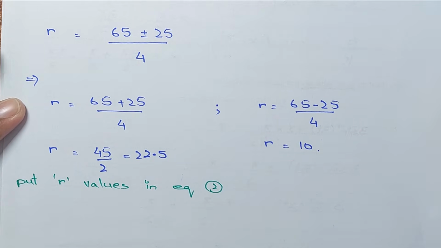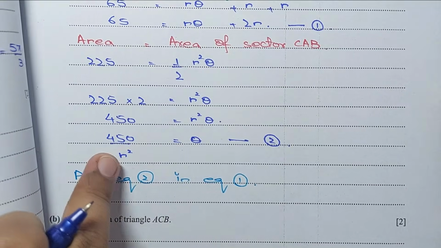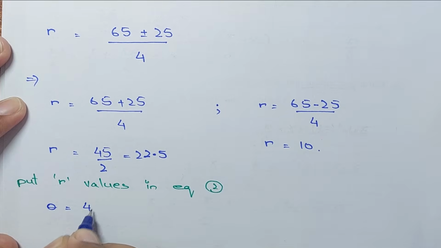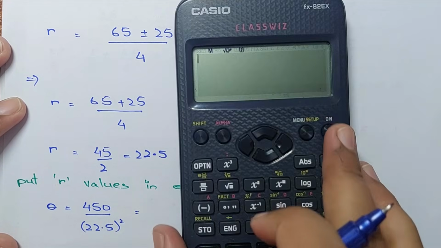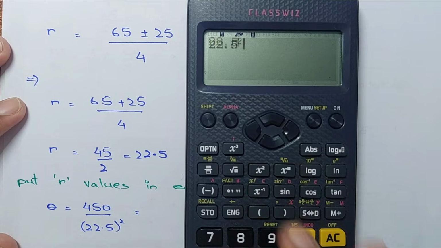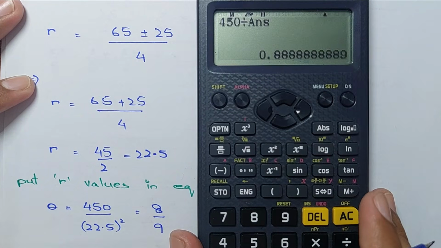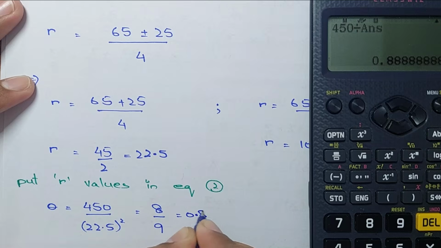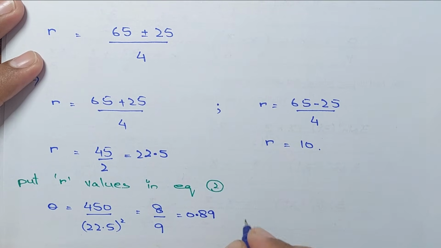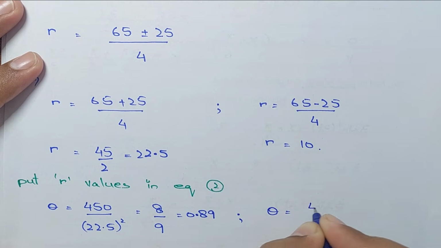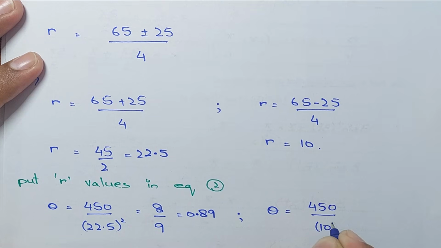So theta equals 450 over radius square, right? 450 divided by radius square, which is 22.5 square, and 450 divided by the answer is 8 over 9, or 0.89. Okay, now for the other value of theta, which is 450 over radius square, 10 square.